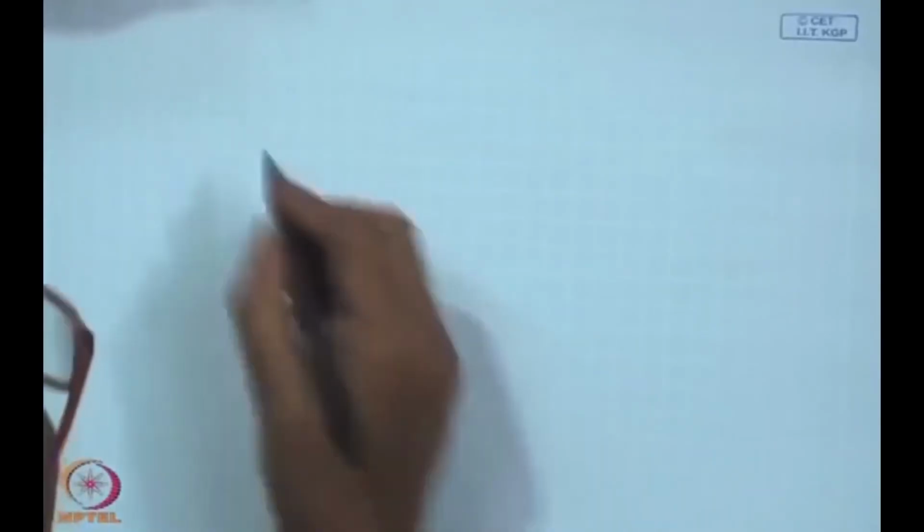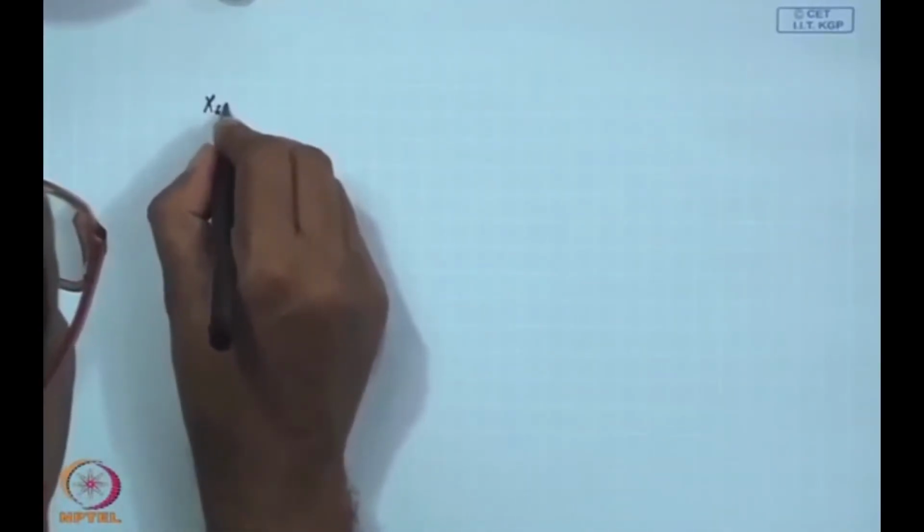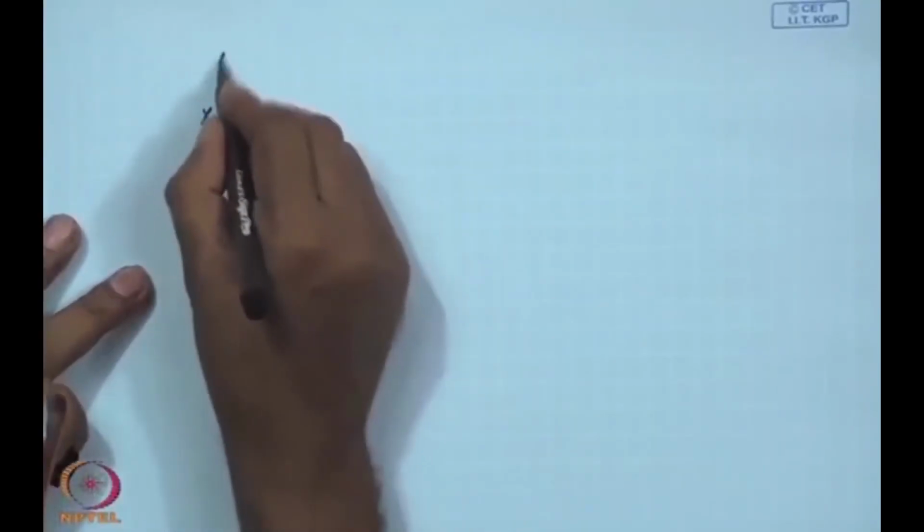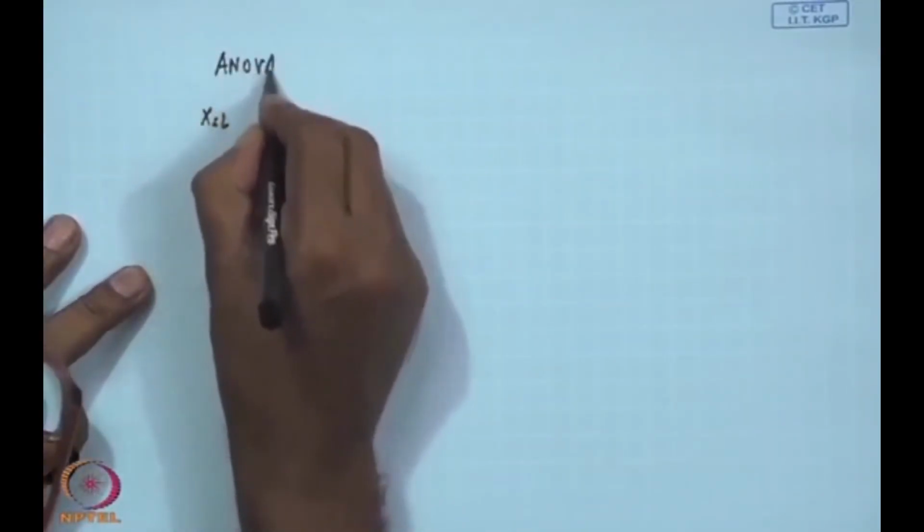So, like ANOVA, we will also partition the general observation. So, what is my general observation here? My general observation here is XIL. Let us see the ANOVA case, and parallelly see the MANOVA case.